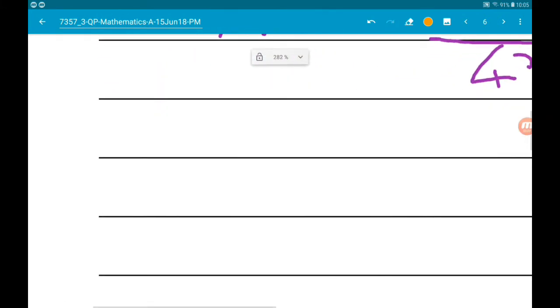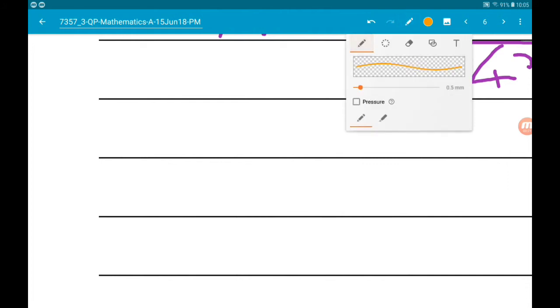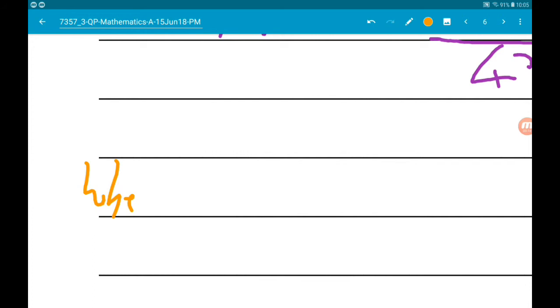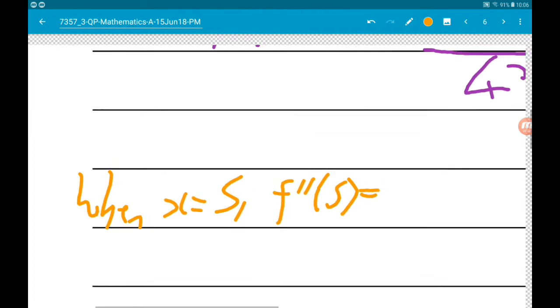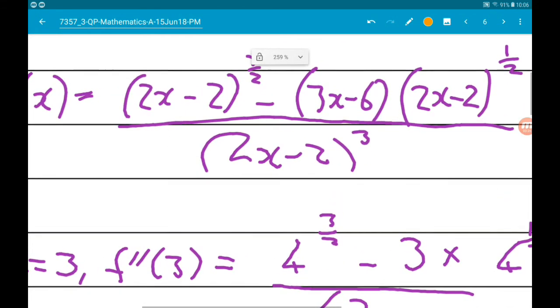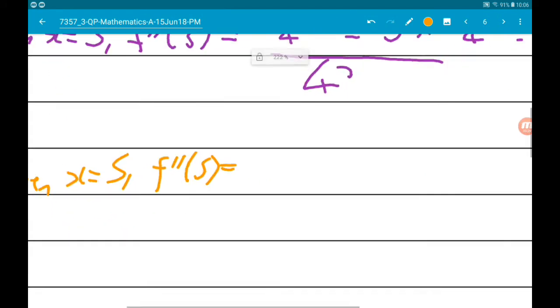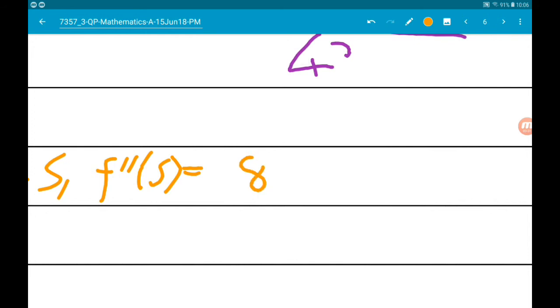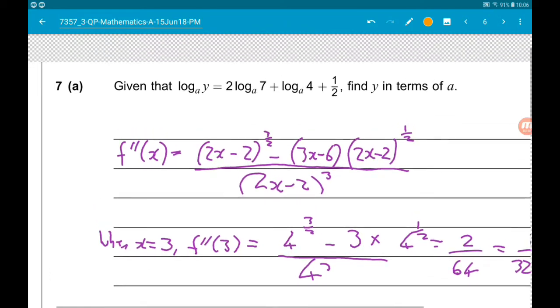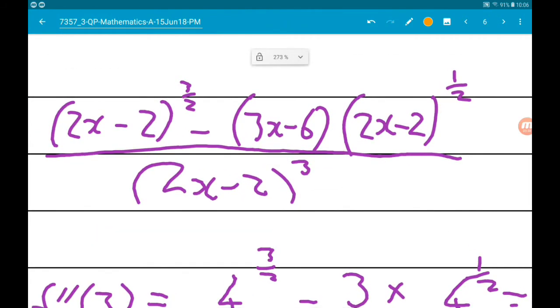Now, let's see what happens on the right of x equals 4. So, when x is equal to 5, f double dash of 5 is going to equal 2 times 5 minus 2 is 8. So we get 8 to the 3 halves minus 3 times 5 minus 6 is 9.